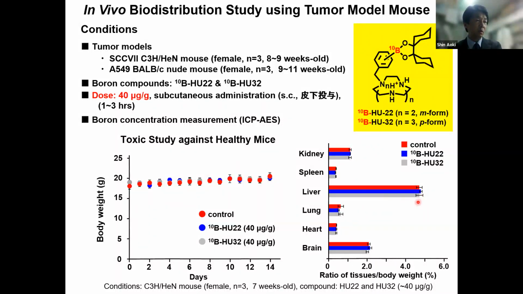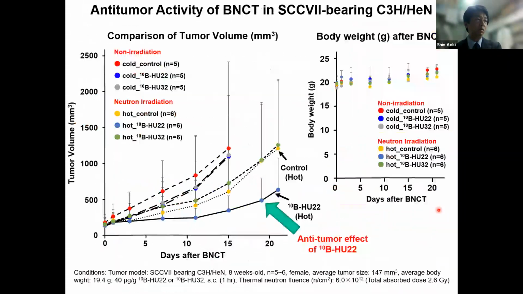This compound accumulates in the liver and cancer sites. In the BNCT experiment, the tumor growth in the presence of this compound upon irradiation with thermal neutron was suppressed.